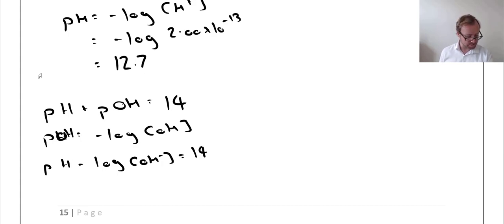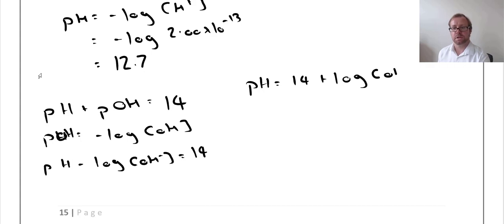Again, stands to reason. Therefore, I can derive this to make pH equals 14 plus log of OH minus.